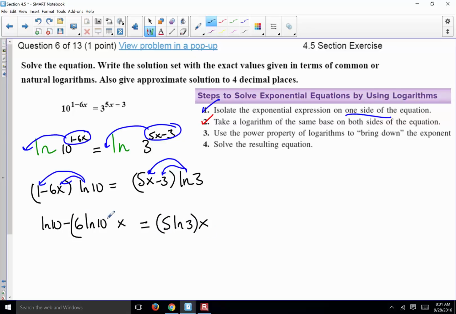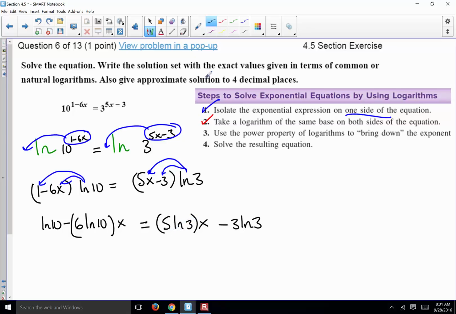I will keep this in parentheses so you don't confuse x inside. X is not inside. And 3 ln 3. Just ln 10 and ln 3 are numbers and move as a block. You cannot separate them, or you cannot multiply 5 and 3.